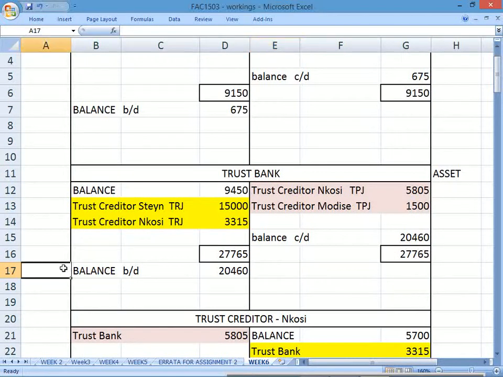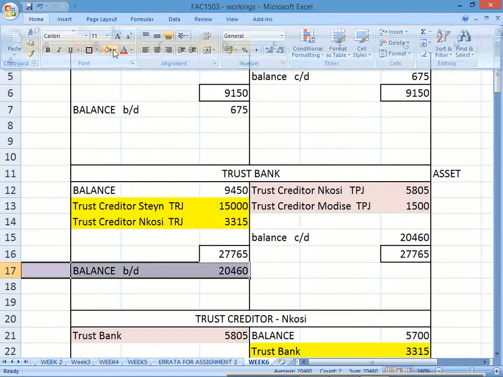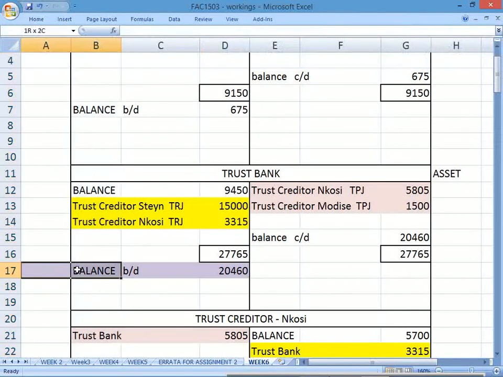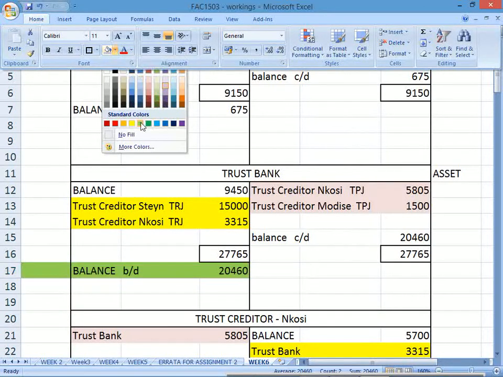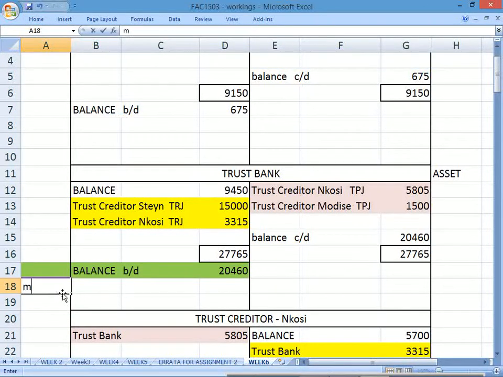Right, just to add a level of detail here, do you agree this balance here on the trust bank account, what must that add up to? Yes, it needs to add up to the total of the trust creditors all added together.